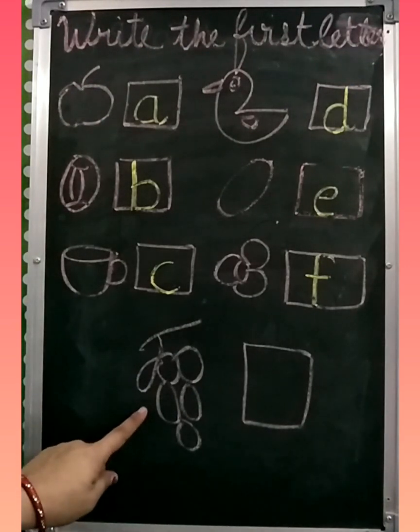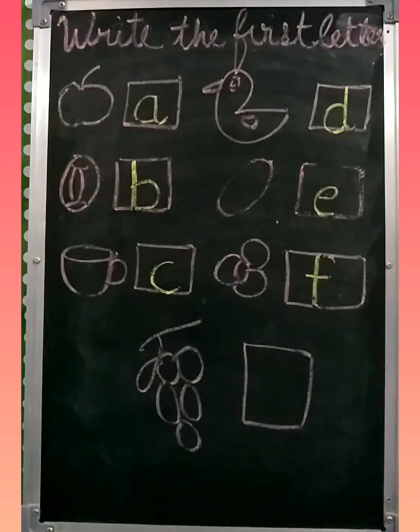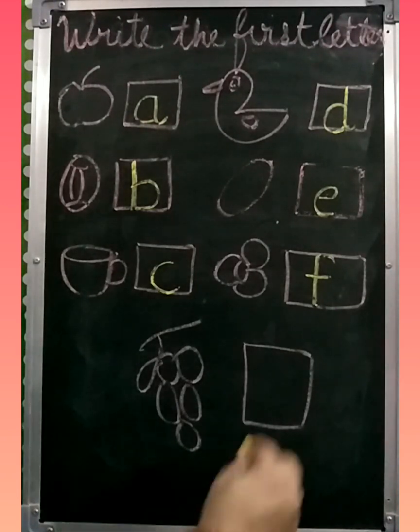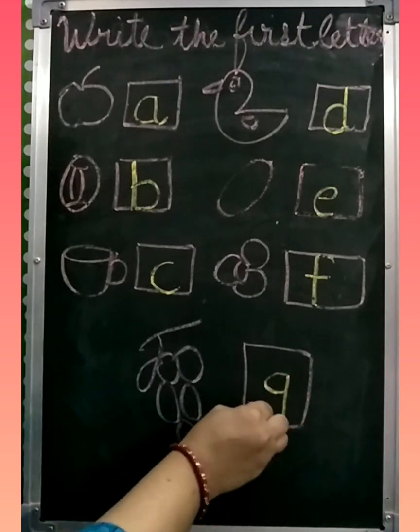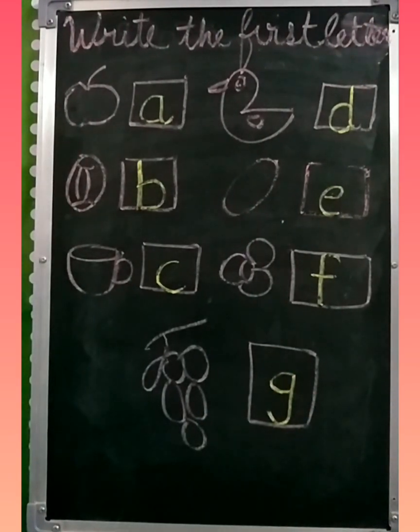Then grapes. Small c, standing line and turn. So have you understood how to write all these things? And remember, you have to write small letters, not capital. Is it clear? Small letters.